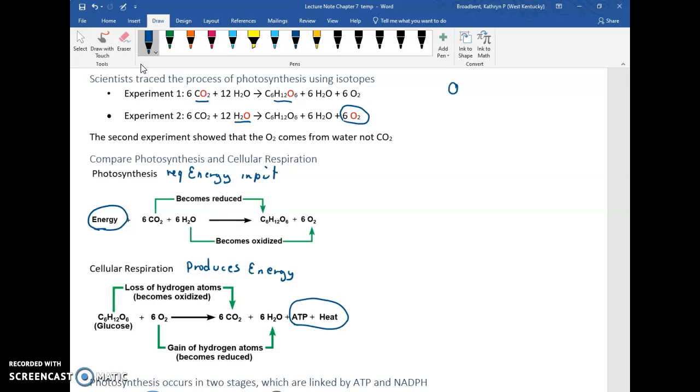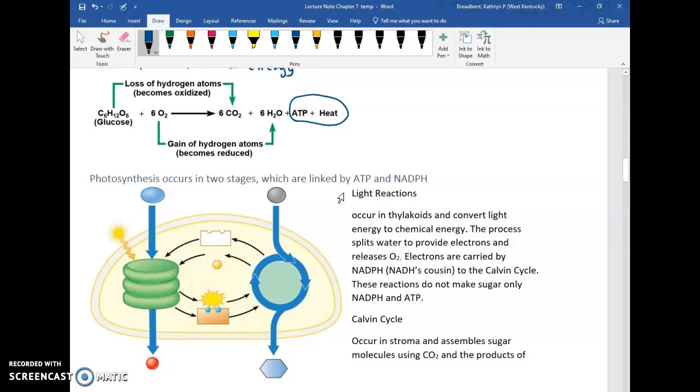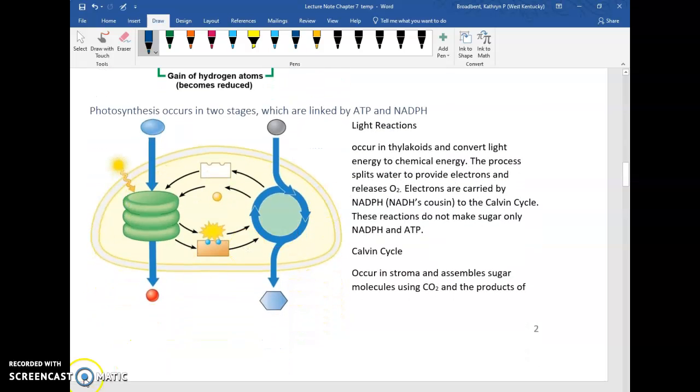Now we're going to find that photosynthesis occurs in 2 stages, and the 2 stages are linked by ATP and NADPH. The first stage is called the light reactions, and it's on the left side of the diagram here. First, we're inside the chloroplast, this thing that goes all the way around.